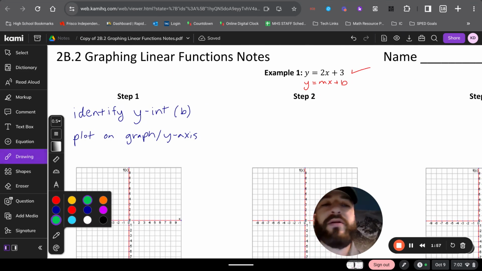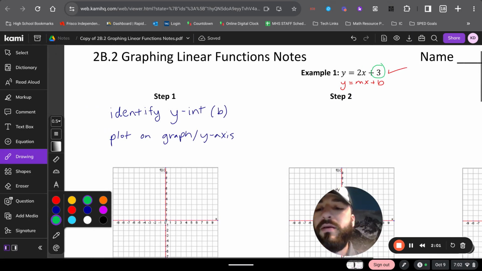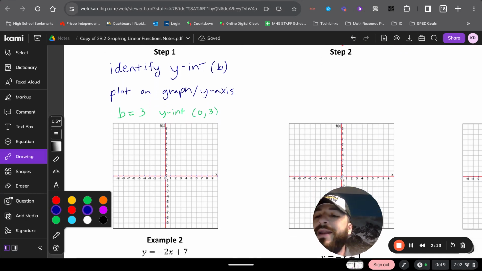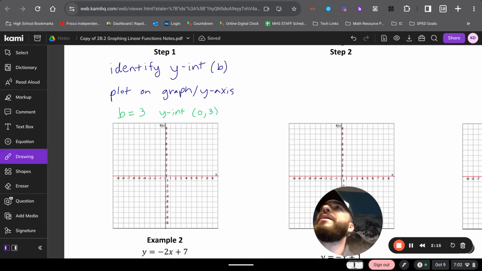B is our y-intercept, so in this case, our b value is that positive 3, which means our y-intercept is, of course, 0, 3. I'm going to go ahead and add that onto my graph. So right here at 3 on the y-axis, I'm going to make a point. Okay, so that's our first step.